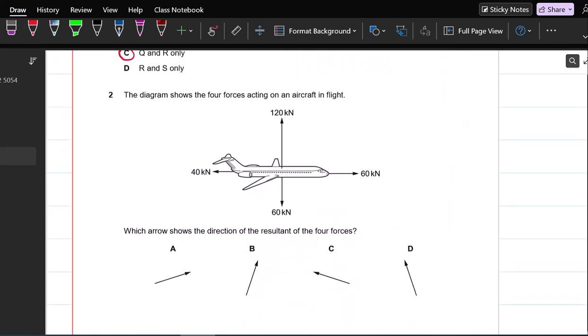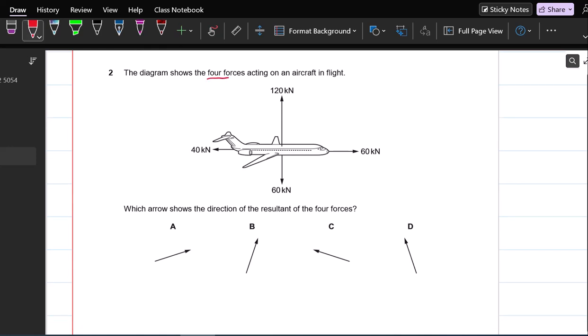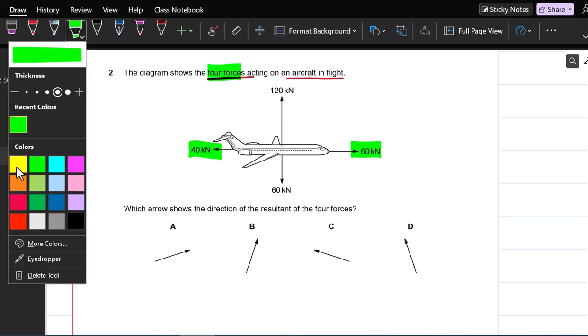Moving to question 2, the diagram shows 4 forces acting on an aircraft in flight. So 4 forces, 2 are horizontal and 2 are vertical.